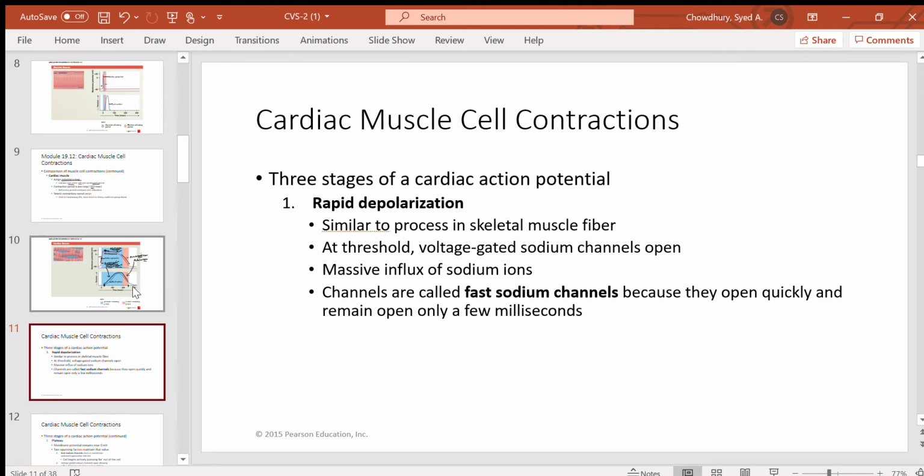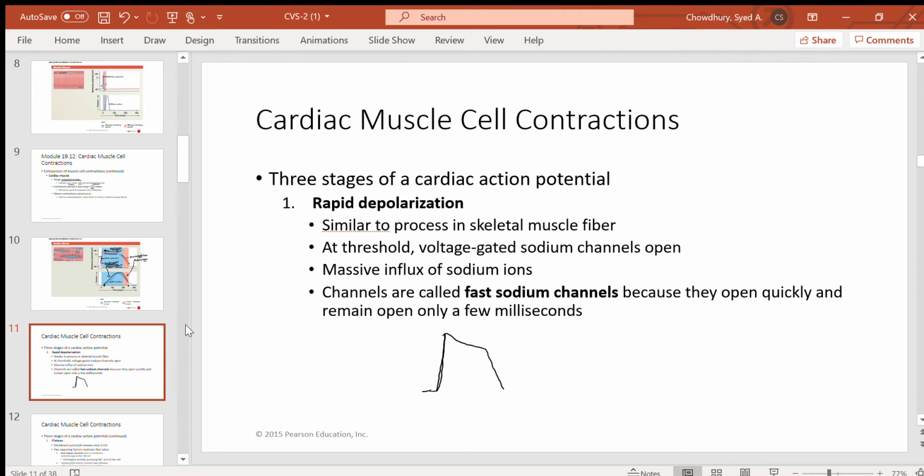Now the question is, why is the depolarization first, and then plateau, then repolarization, like this? If you see here, the depolarization is pretty fast, not as fast as the skeletal muscle, but it is pretty fast.